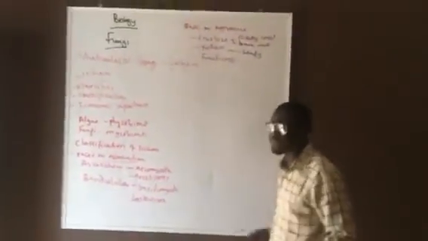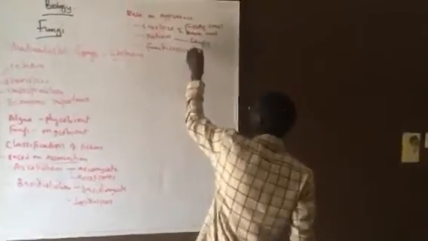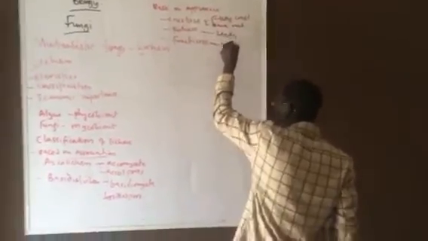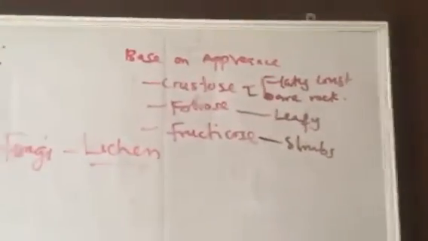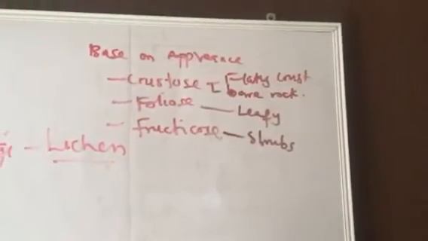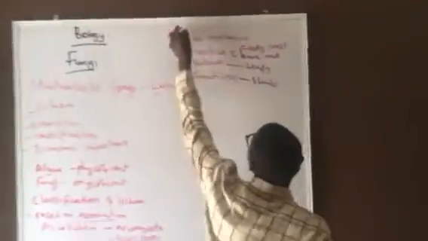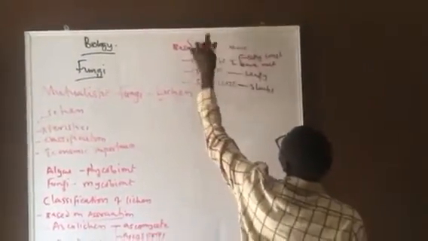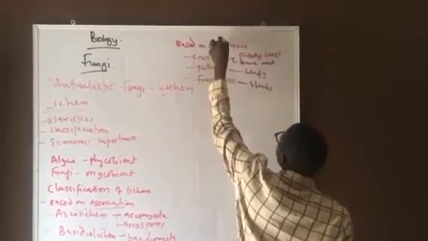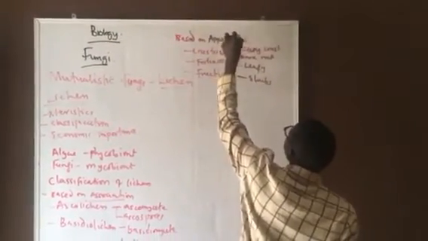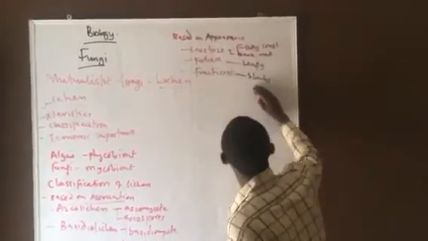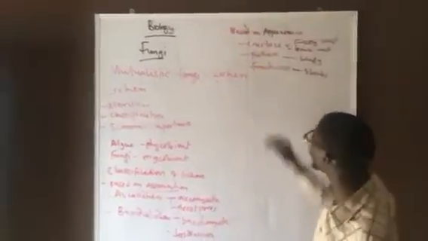Then the last one is the fruticose. The fruticose appear like shrubs. Those are the characteristics of the fruticose. So based on appearance, we have the fruticose, the foliose, and the crustose.